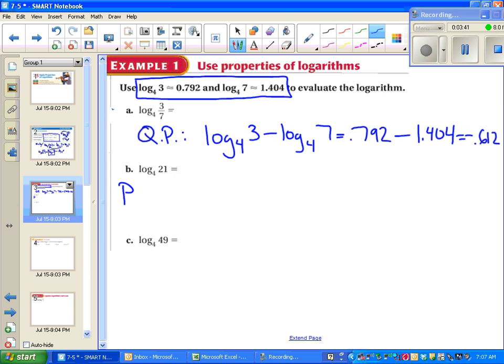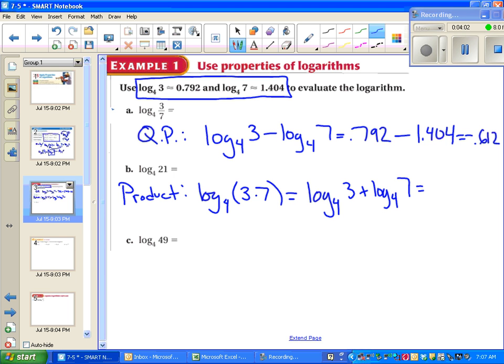I now have a product inside my logarithm, so I can split this up with addition. Once again, I already know what log base 4 of 3 is, 0.792. I already know what log base 4 of 7 is, 1.404. If we add those up, we get 2.196. Once again, totally fair without a calculator.